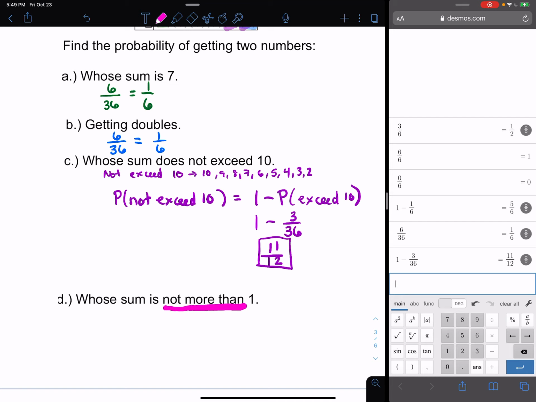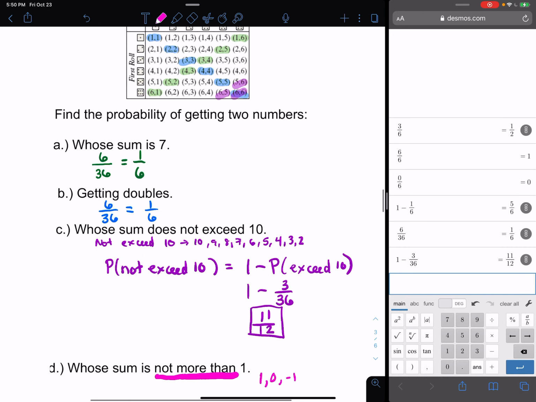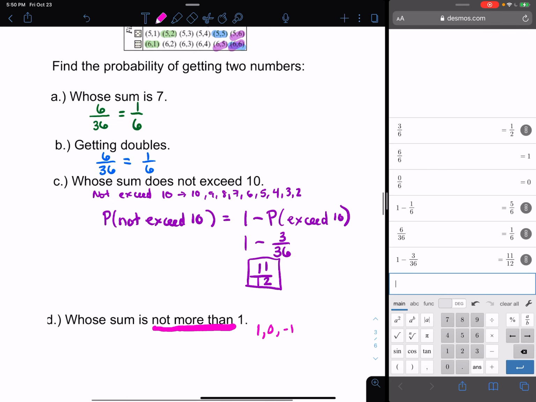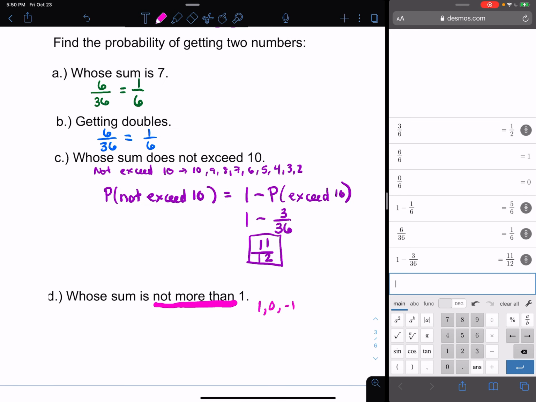So we could have numbers like 1, because not more than 1 could actually be 1 itself. It could be 0, it could be negative numbers, it could have some decimals thrown in there. But if we look back up at this table, there's nothing that low. 2 is the lowest that we can roll, so it's impossible. So the probability of that occurring is 0.